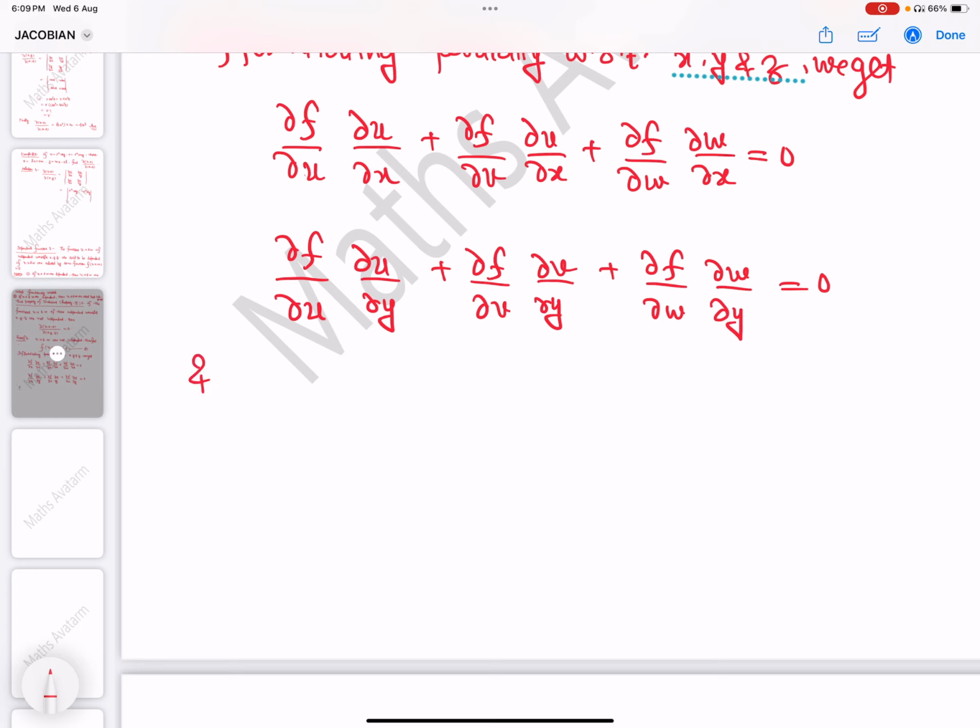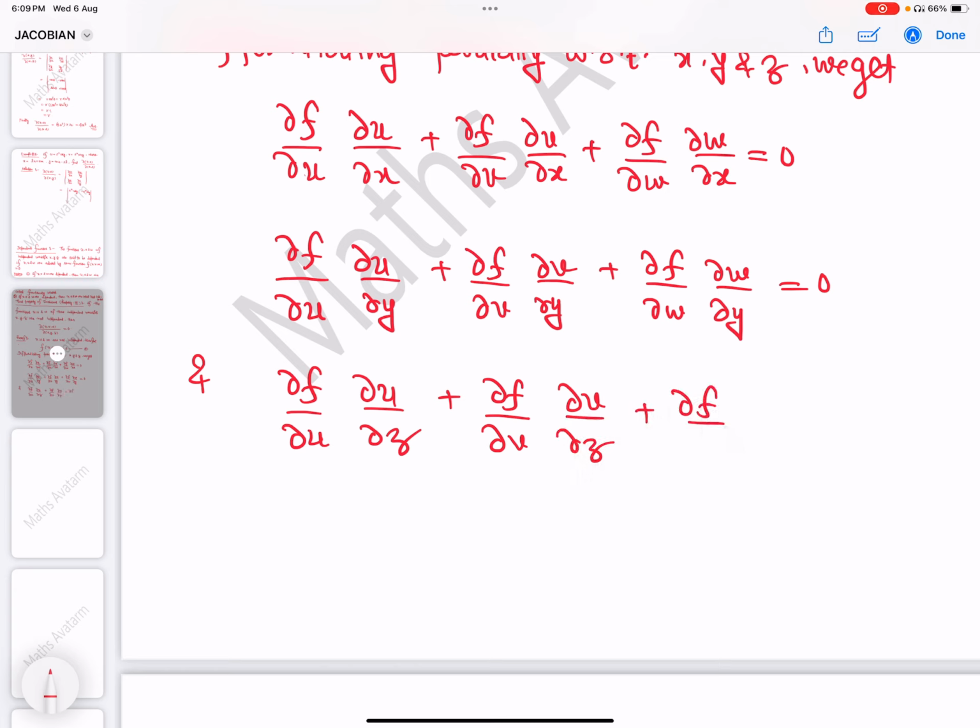And del f upon del u times del u upon del z plus del f upon del v times del v upon del z plus del f upon del w times del w upon del z is equal to 0. Let's say it double star.